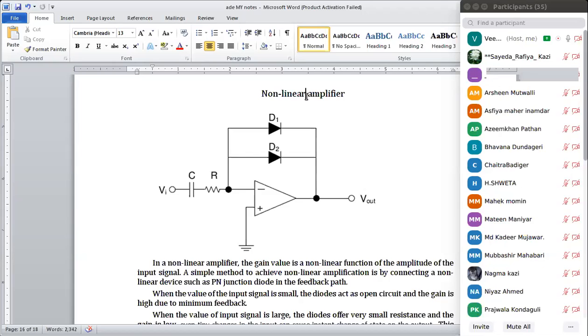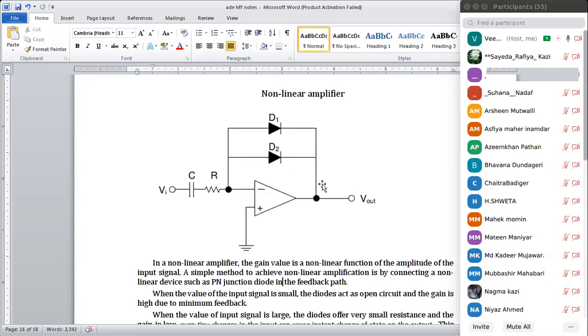So here basically the gain of this amplifier is going to be higher. Then how do we make this amplifier non-linear? In the previous circuits, wherever we have drawn any circuit, they had a feedback along with the resistance, right?